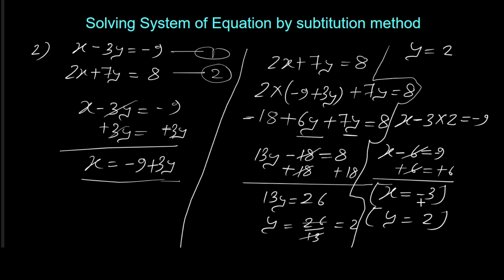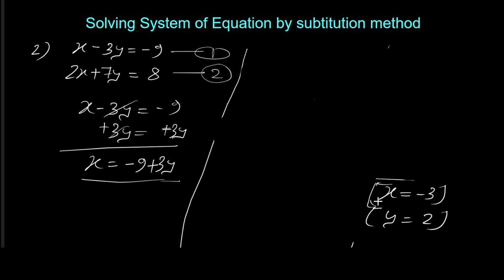If we want to verify that our solution is correct, let's plug these values into the first original equation, because it is easier. The first original equation is x minus 3y equals negative 9.